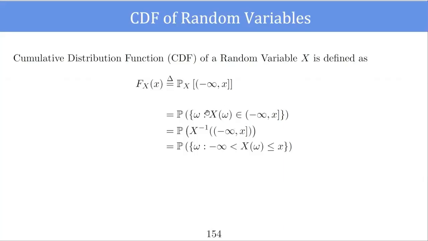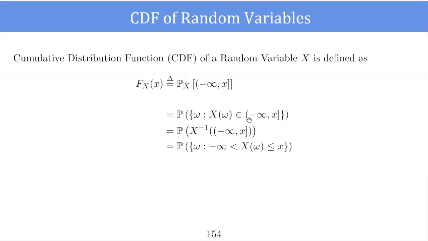In other words, all those outcomes which map to one element of this set will be included in the pre-image. And I want to compute the probability of that pre-image. So the probability of the set of all outcomes for which X(omega) is in this set will be the CDF of random variable X at value x.